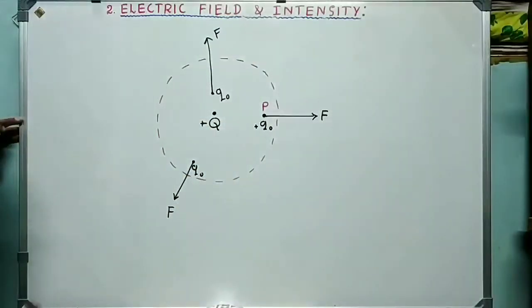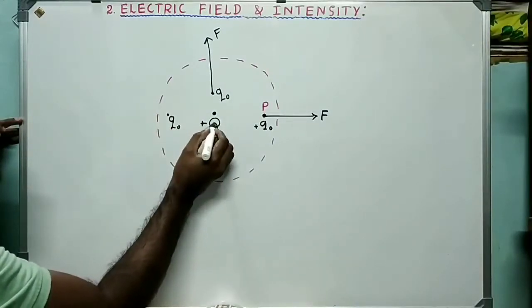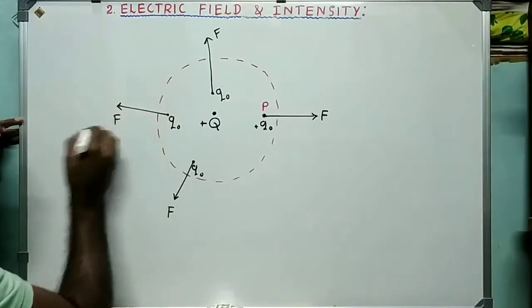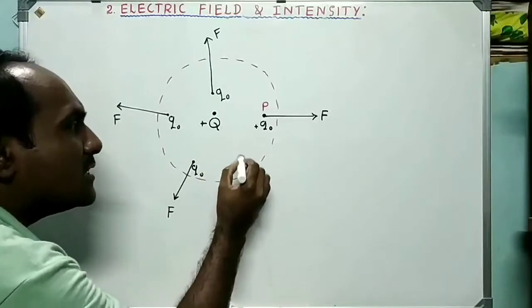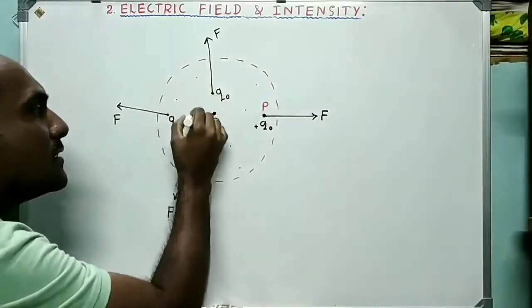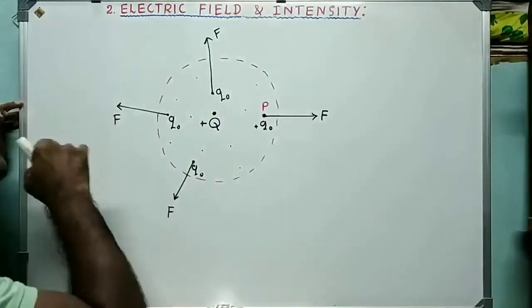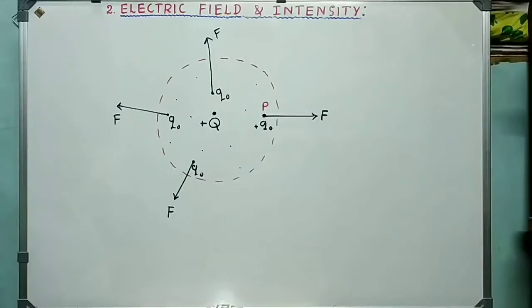Getting the idea? If you place the Q0 charge here, then also this plus capital Q repels the Q0 charge in this direction with a force F. If you keep the Q0 charge here, then this plus capital Q always repels this Q0 charge in a particular direction.